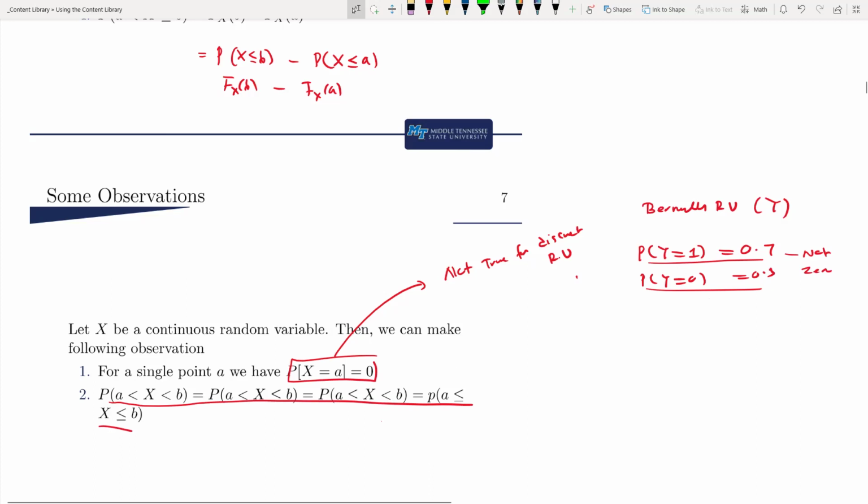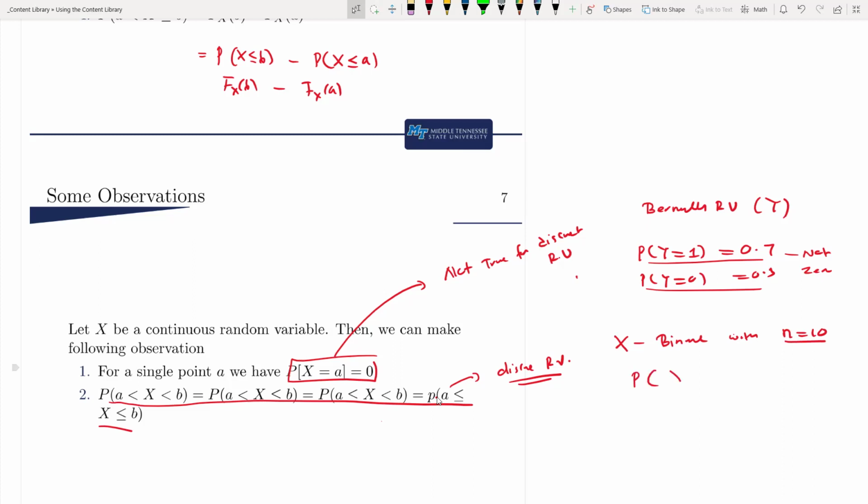Now you have to be careful. This is not true for a discrete random variable. For example, let's say X is binomial, with, let's say, n equal 10. Number of trials is 10.